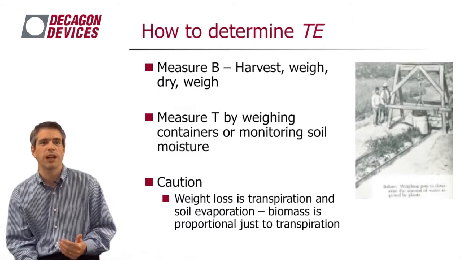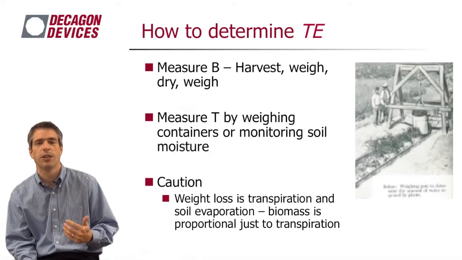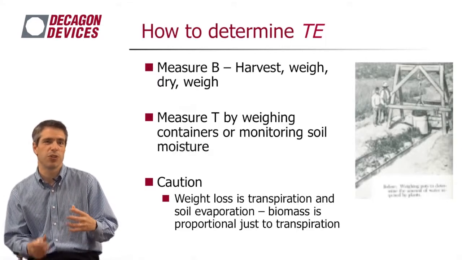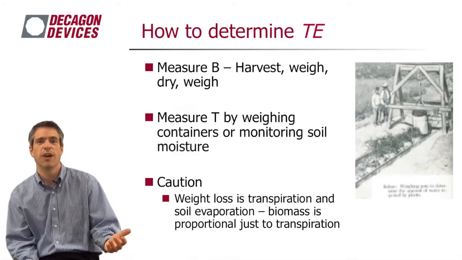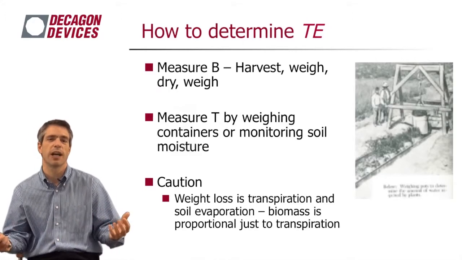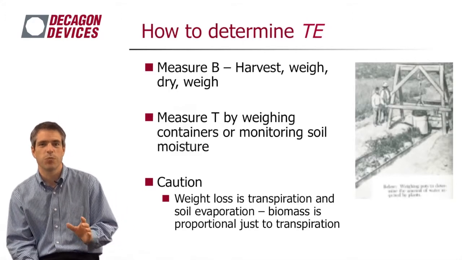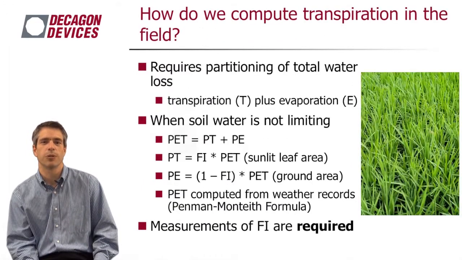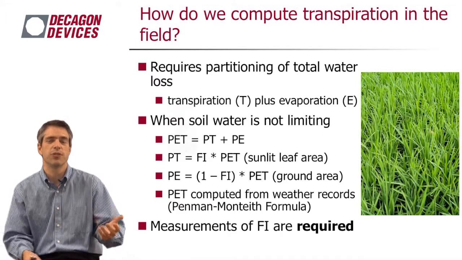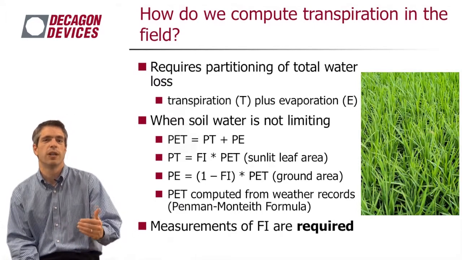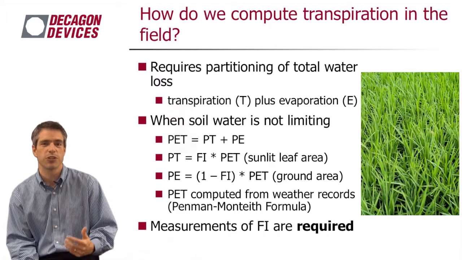But the problem with monitoring the weight over time with that kind of system is that you're getting both evaporation and transpiration. How do we actually split those things? I did mention that partition a little earlier. We can do that, but it really goes back to a well-watered crop, or doing some math and analysis beyond this.